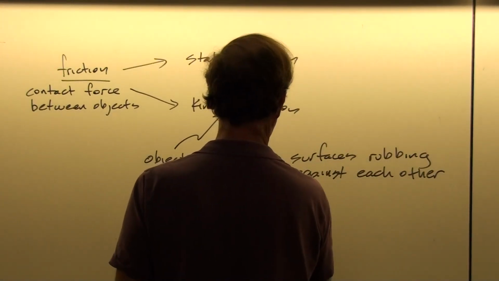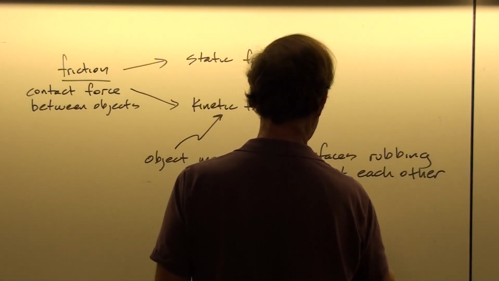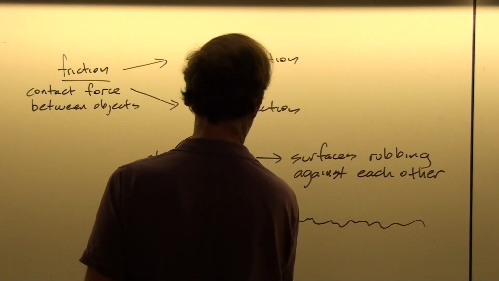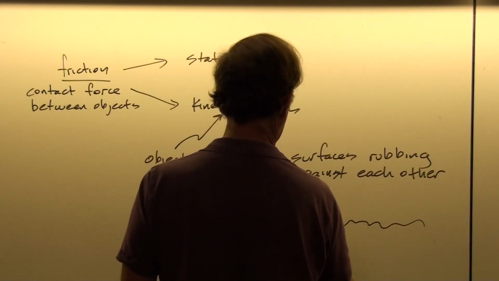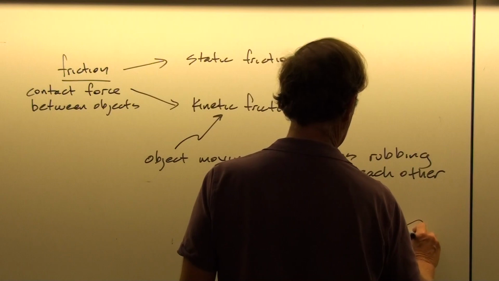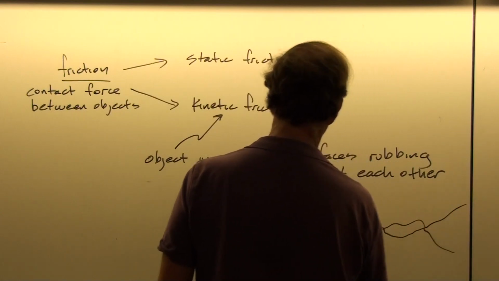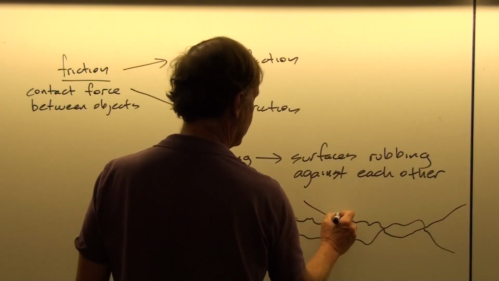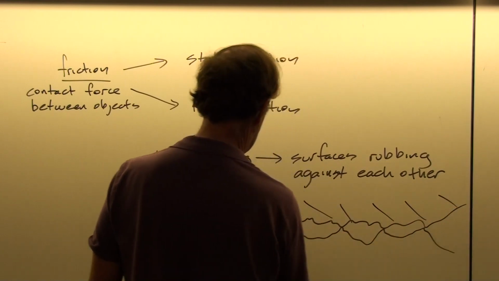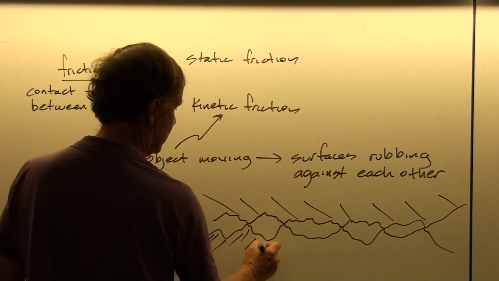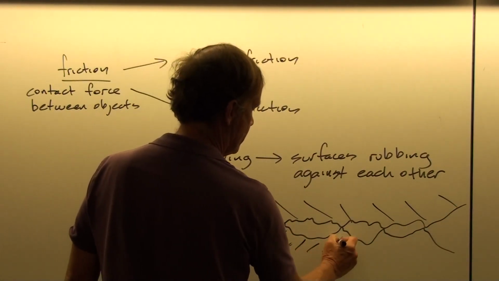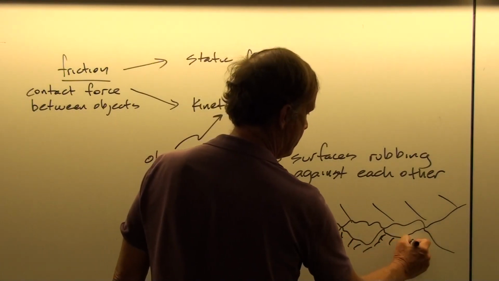And these surfaces are kind of jaggly. Even if you were to look at two objects on a fairly small scale, they might look like they are smooth.